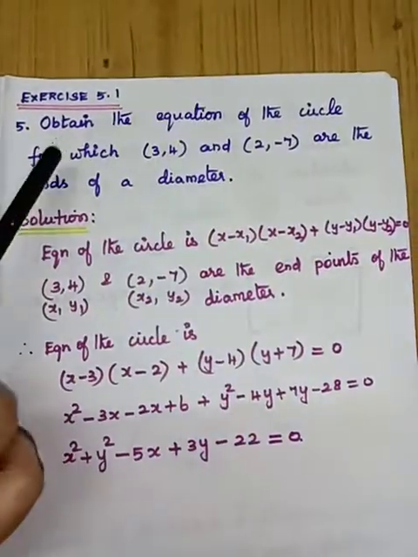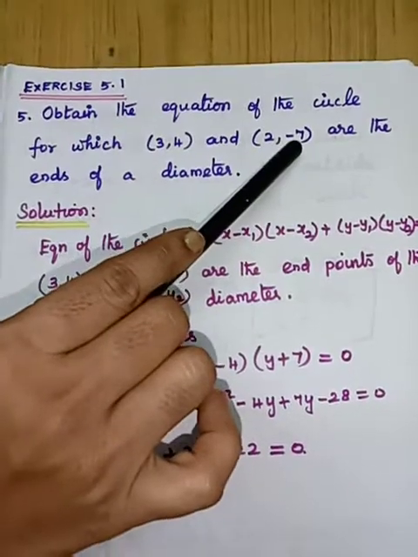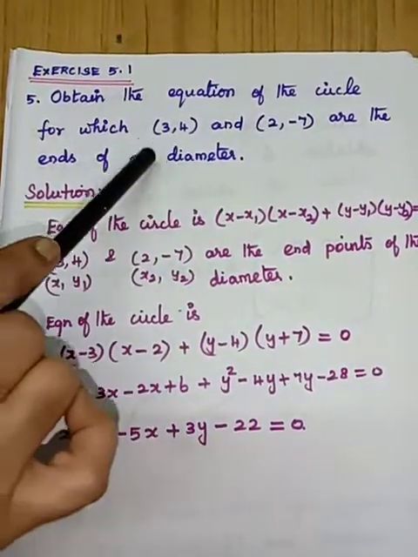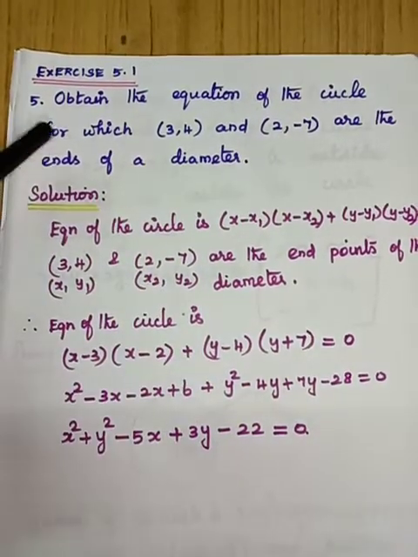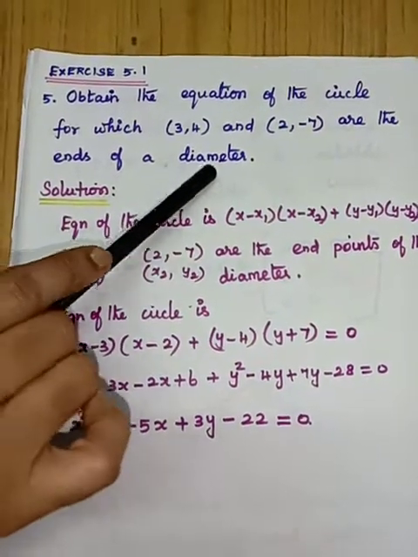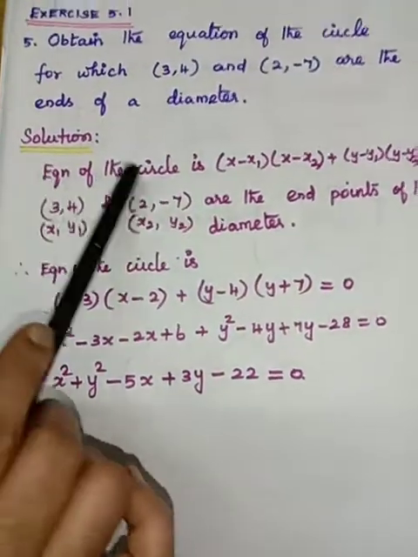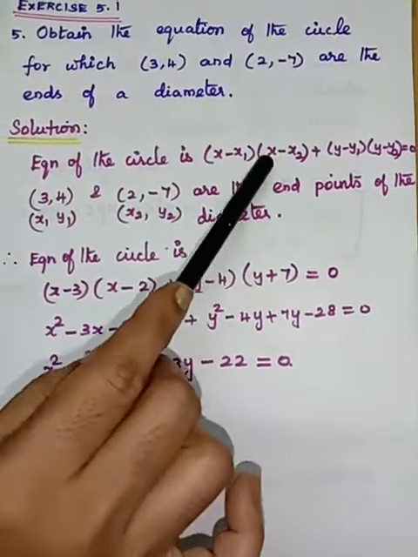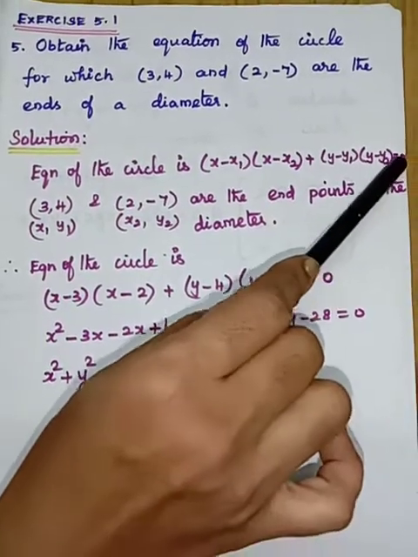Obtain the equation of the circle for which (3, 4) and (2, -7) are the ends of a diameter. So what is given here? The two points are the end points of the diameter. What is asked? Obtain the equation of the circle. What formula has to be used? (x - x1)(x - x2) + (y - y1)(y - y2) = 0.